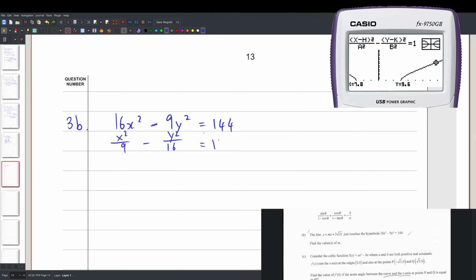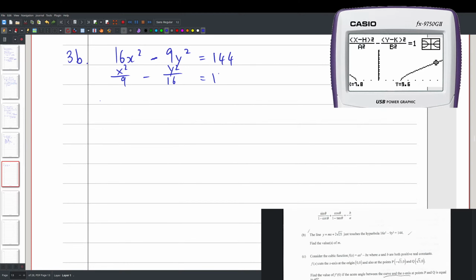That's very sussy. NZQA is being highly sus right now. Well, I mean, you just sub it in and see what happens, right? This is all the NZQA equation. Just sub it in.